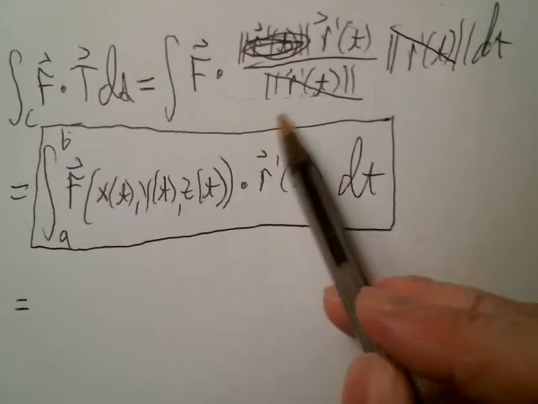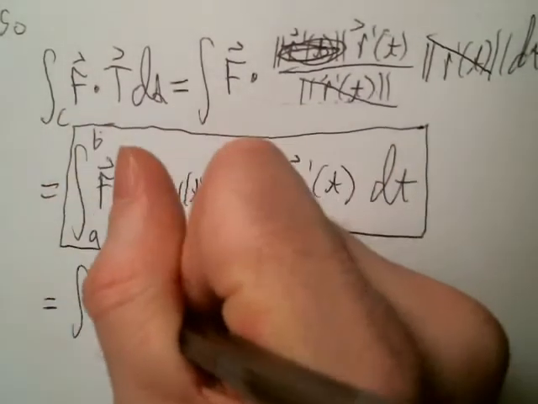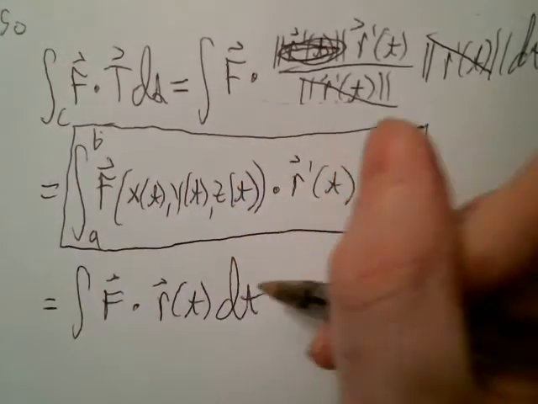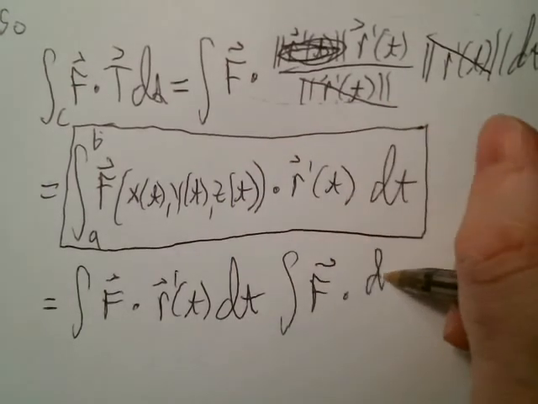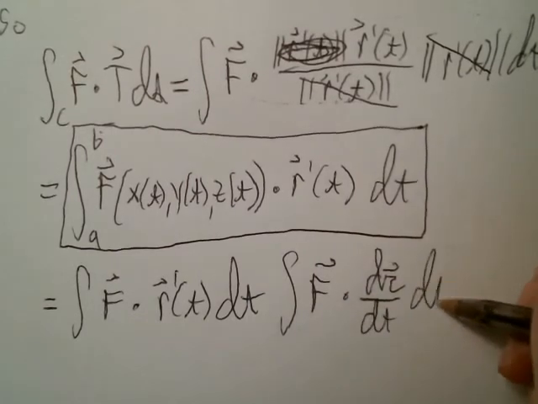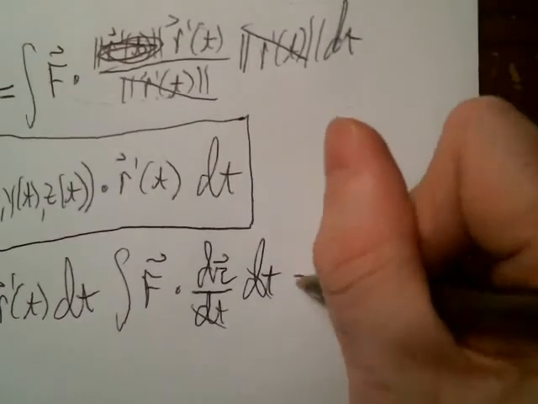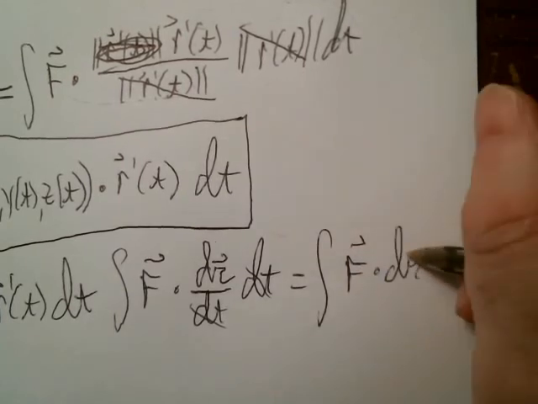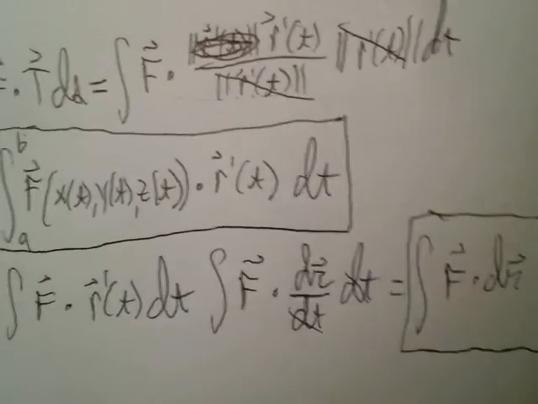After I cancel these out, I can rewrite that integral as the integral of F dotted with r prime of t dt. What is r prime of t? That's the derivative of the r vector with respect to t, times dt, and then you abuse the notation and say I can remove those, and you end up with F dot dr. So that's another way of writing this integral.